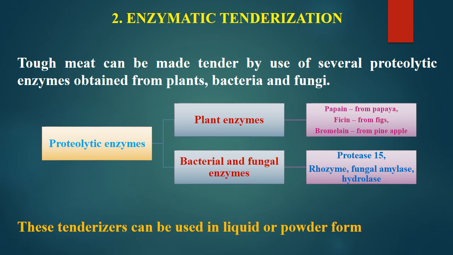And the bacterial and fungal origin enzymes like protease 15, rozyme, fungal amylase, hydrolase, even sometimes actinidine, that is an enzyme from fungal origin. So these tenderizers can be used in liquid or powder form, applied over the meat and given some time, and they become more effective when cooking at a little bit higher temperature. Their activity is more.